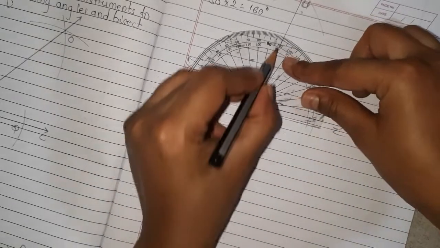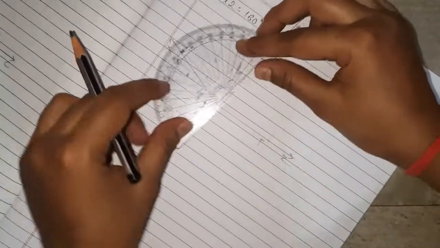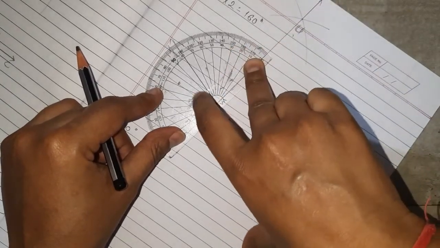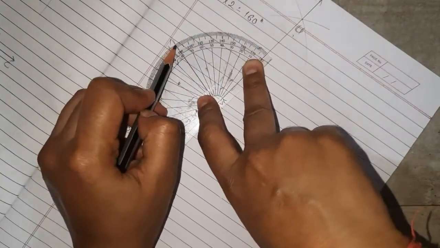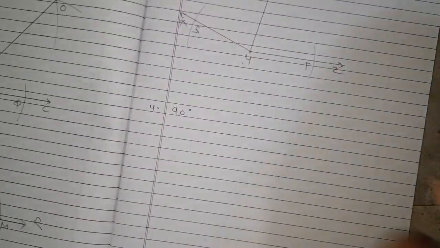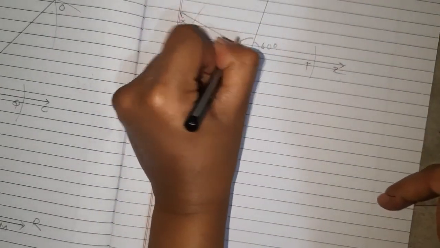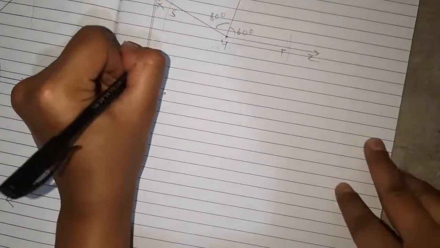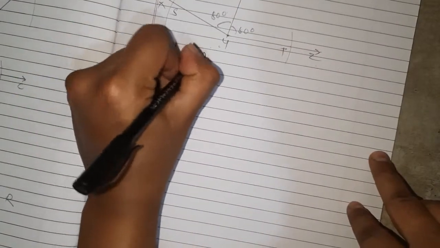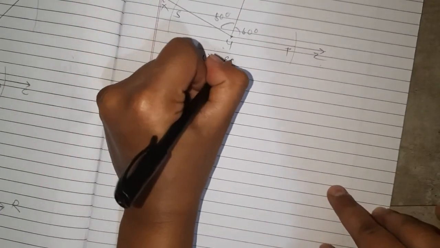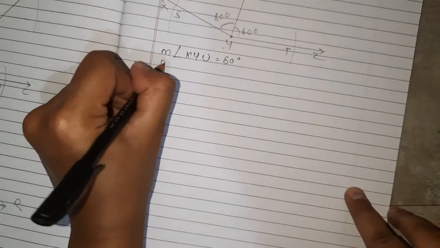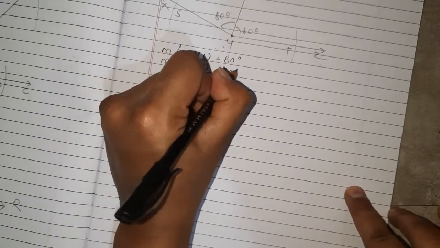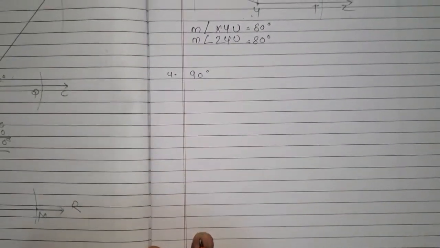Measure of angle ZYU is 80 degrees and measure of angle XYU is also 80 degrees.